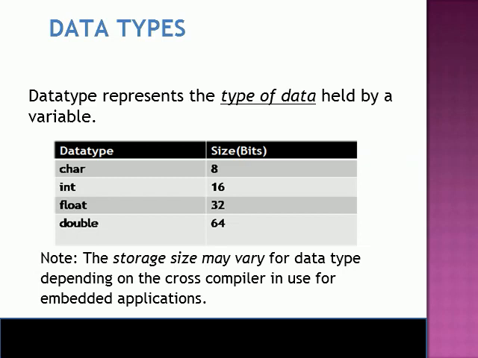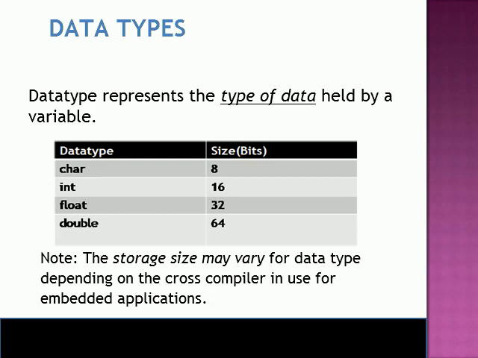Char is used to store any single character. Int, integer, is used to store an integer value. Float is used to store any precision floating point value. And next is the double. These are the four data types which we are using in embedded C.